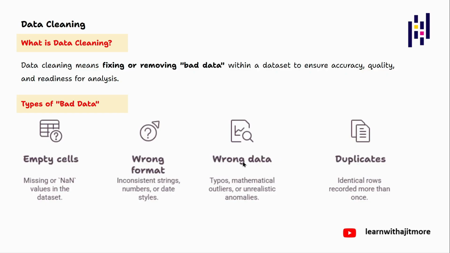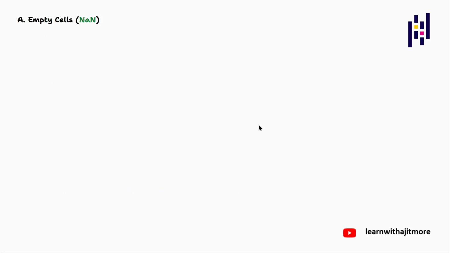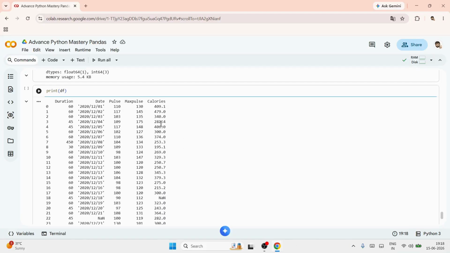That is an outlier, something far away from the expected. And there are some rows containing duplicate values. All these things we will observe in the file I have loaded.